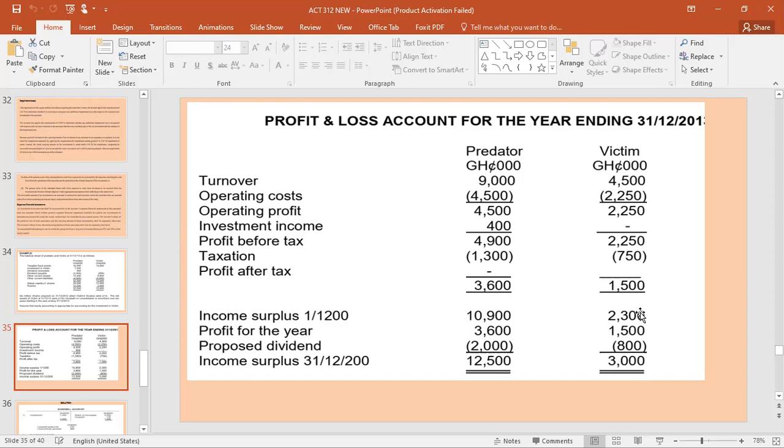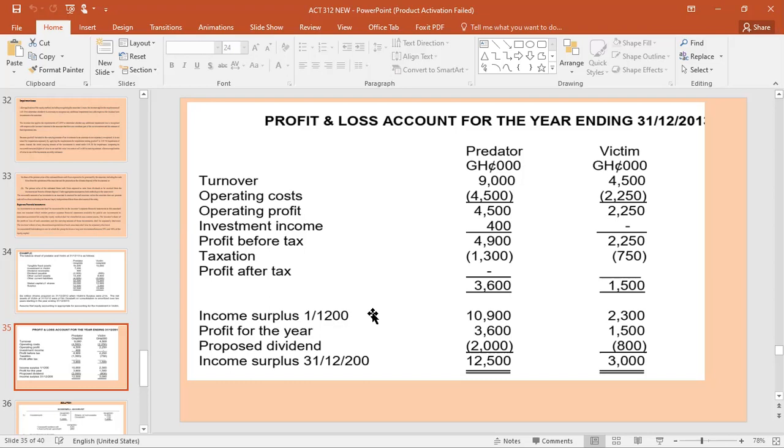Here we don't add the two. You put it down: turnover 9,000, less operating cost 4,500, you get operating profit 4,500. So in the consolidated profit and loss account, you have turnover 9,000, operating cost 4,500, operating profit 4,500.